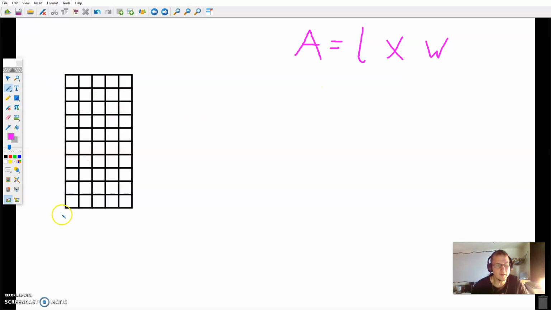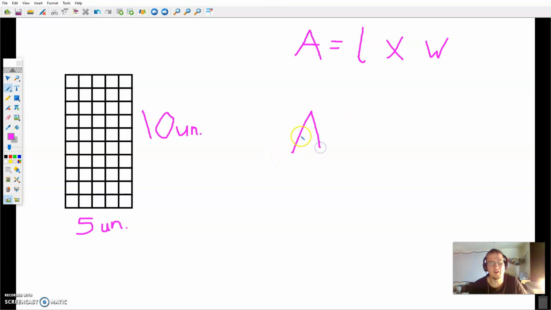So what is my length here? 1, 2, 3, 4, 5. I have a length of 5 units. And I have a width of 1, 2, 3, 4, 5, 6, 7, 8, 9, 10 of 10 units. Now again, I could count all of those squares if I really wanted to, but let's save ourselves some time here.